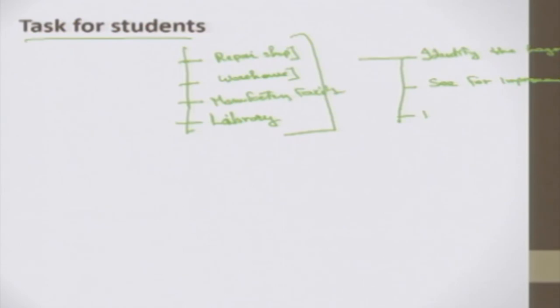Then take a paper and a pencil, draw the layout, that will give you a better feel of the layout, and then see for improvements. Then draw a new layout. So this was all in the product or plant layout study here. Thank you.